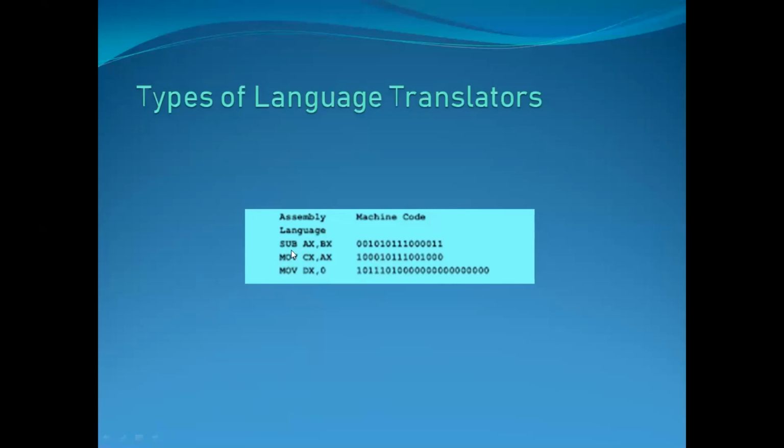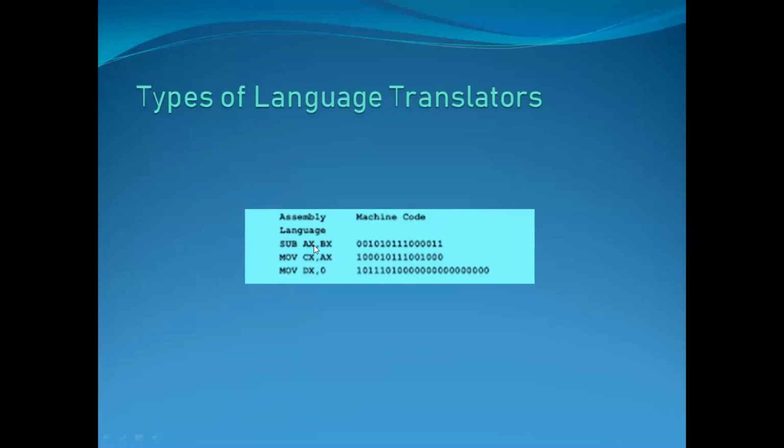For example, sub AX, BX. Here AX and BX are registers. It means the contents of BX are subtracted from the contents of AX, and the result is stored in the AX register. So there are two operations going on here. The first one is subtraction, and the second one is assigning the subtracted result somewhere.